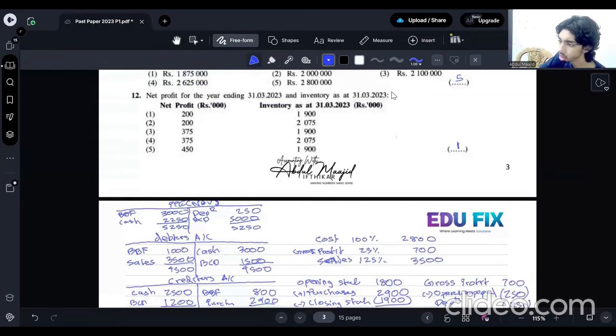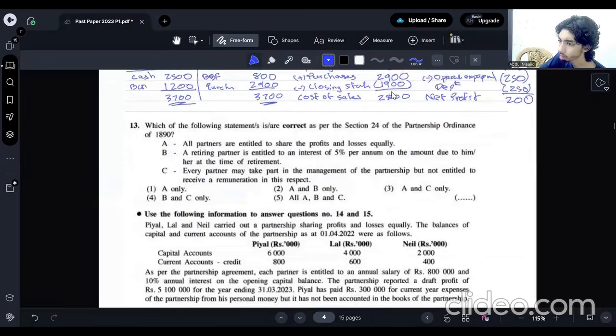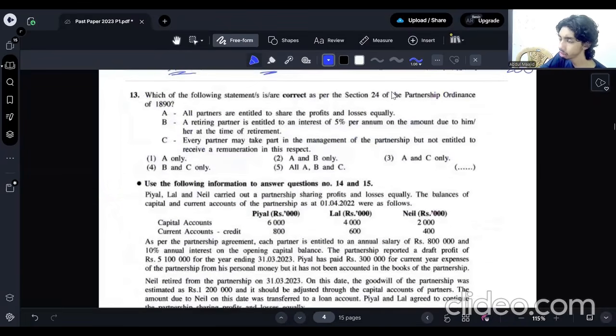Okay. Then the 13th one. Which of the following statements are correct as per section 24 of the Partnership Ordinance of 1890? All the partners are entitled to share profit and loss equally. Correct, that is as per section 24. A retiring partner is entitled to interest of 5% per annum on the amount due to him or her at the time of retirement. Is that as per section 24?